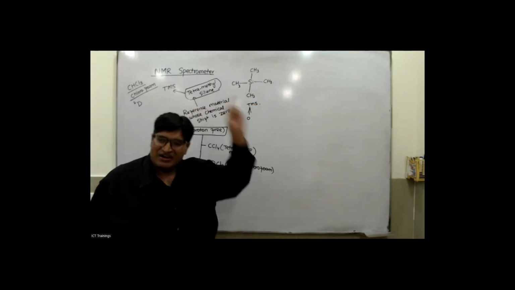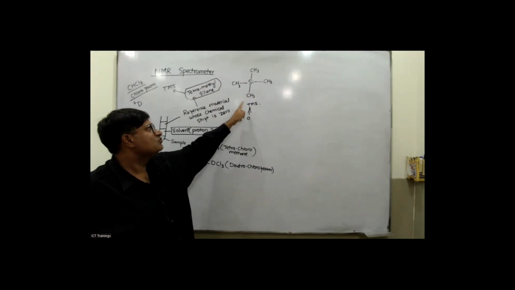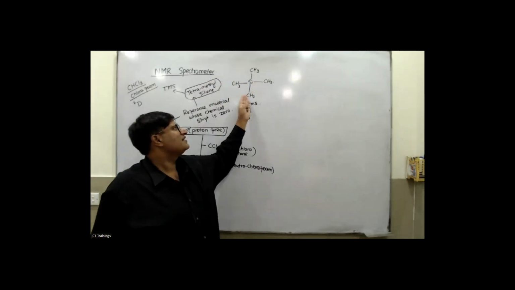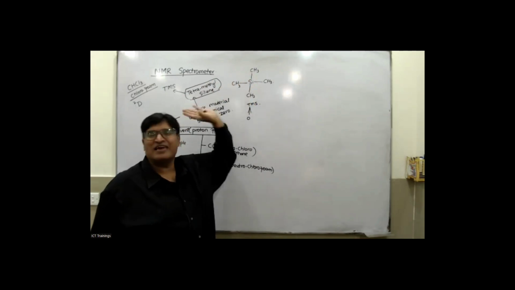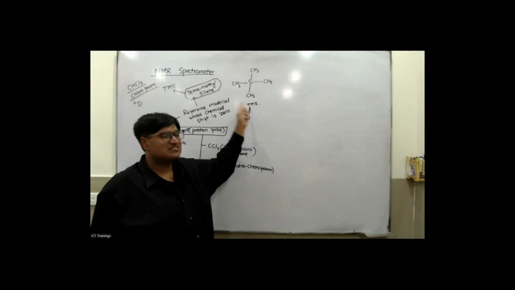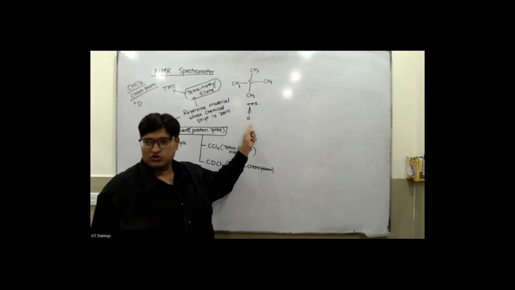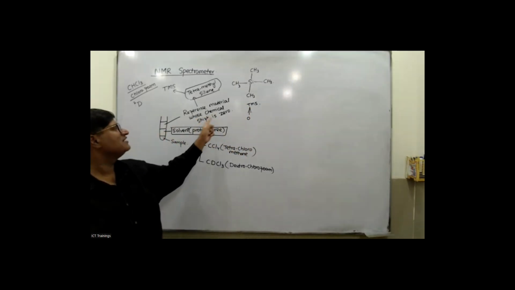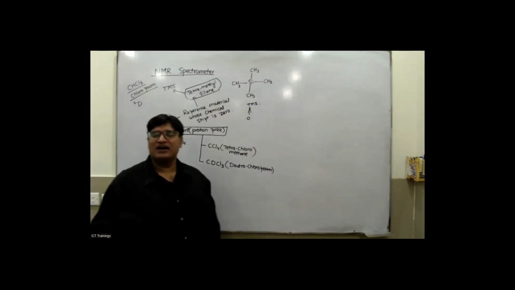It has only one environment. A singlet is produced, even though there are four places of hydrogen, but they are of the same environment. So wherever the peak of this TMS is produced, we write it as zero. Why? Because its chemical shift is zero. It does not contain a neighbouring hydrogen.